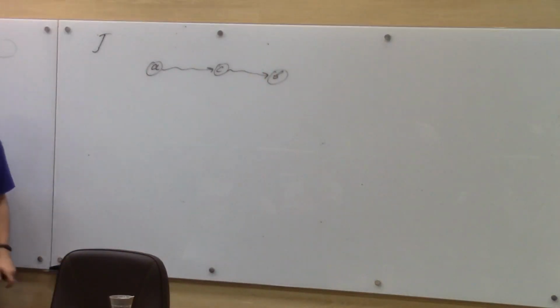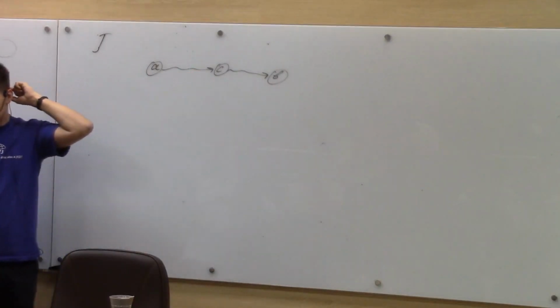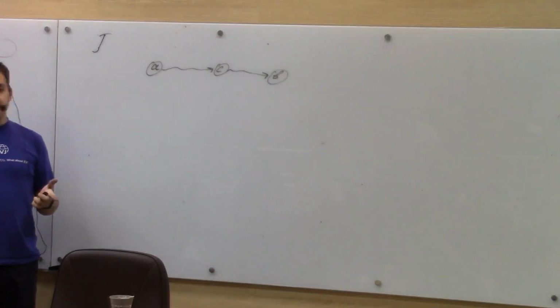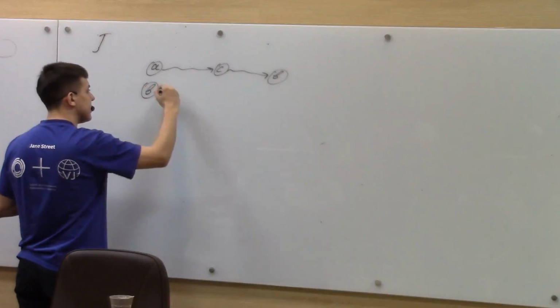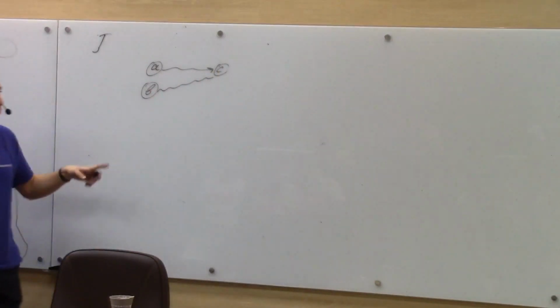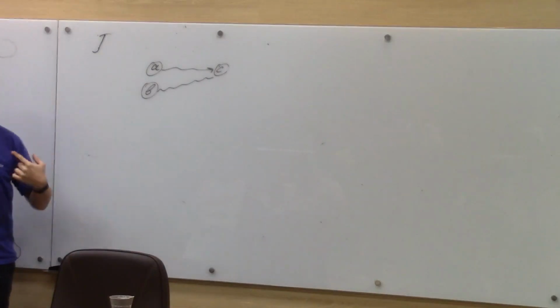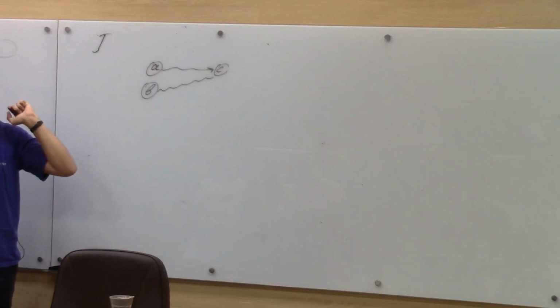And the vertex is disjoint. So we cannot repeat vertices on this path here. Well, it's the same. Turns out if we move vertex B here, it's the same as we want to find two paths that don't have common vertices that go from A to C and from B to C.